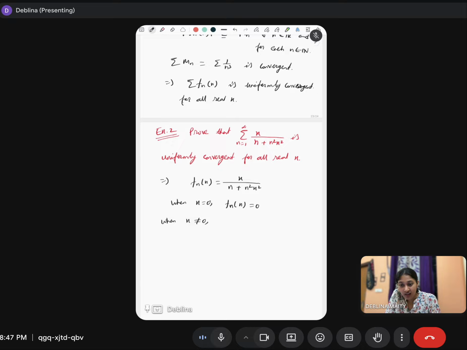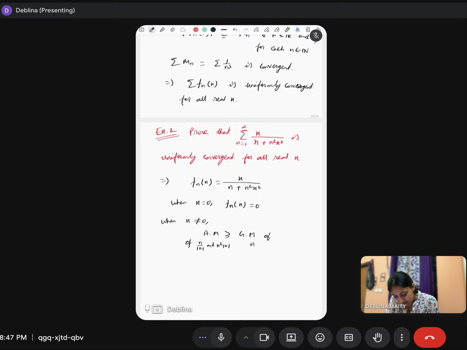we'll use the fact that the arithmetic mean is greater than or equal to the geometric mean. Now for which two values? So we'll take these two, n by mod x and n square mod x.